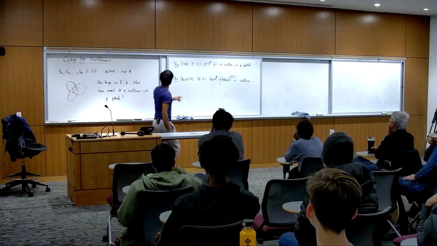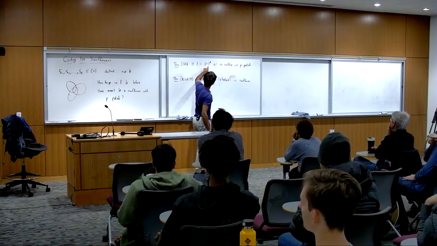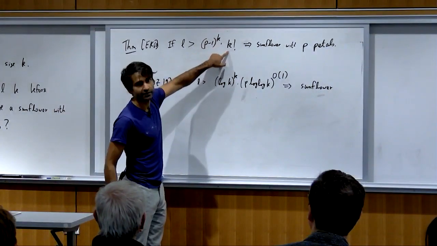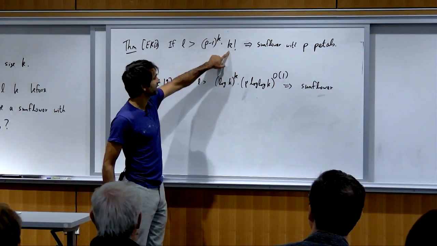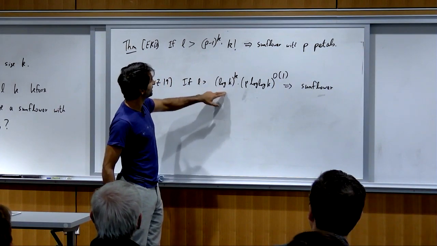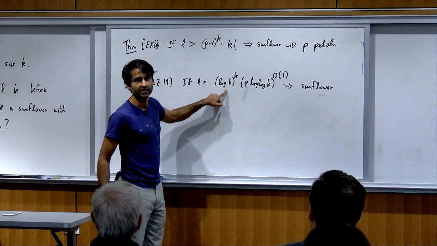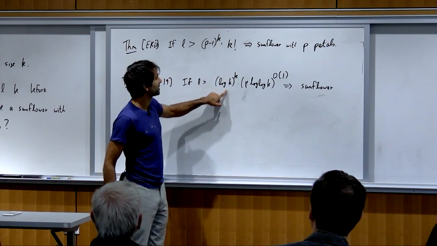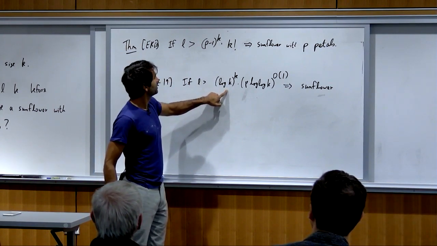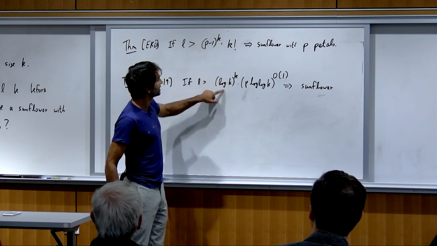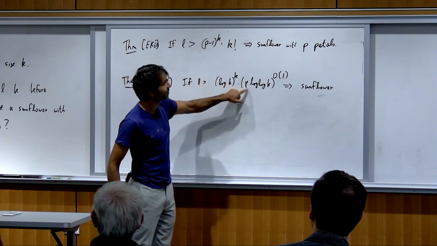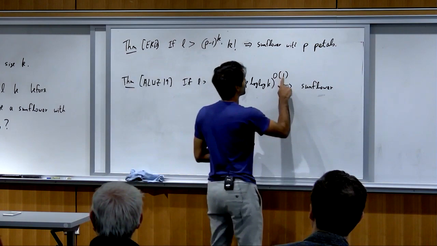One way to think about the theorem of Erdős and Rado is that this looks like p minus 1 to the k times k to the k. And basically, what they did in this bound is replace the k to the k with log k to the k.